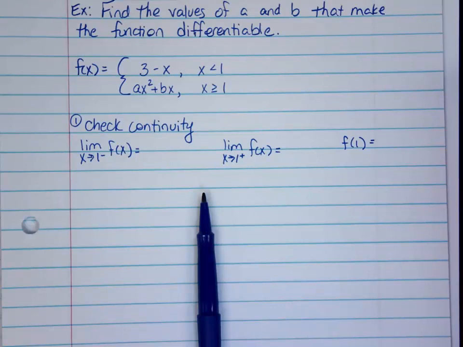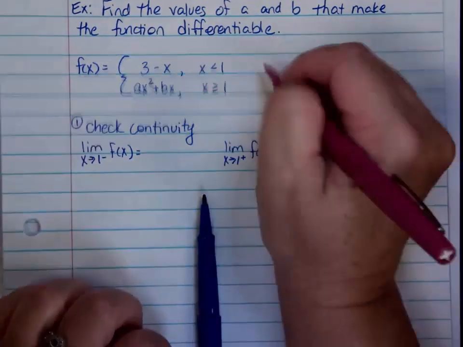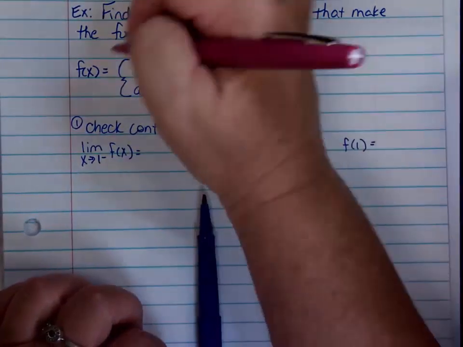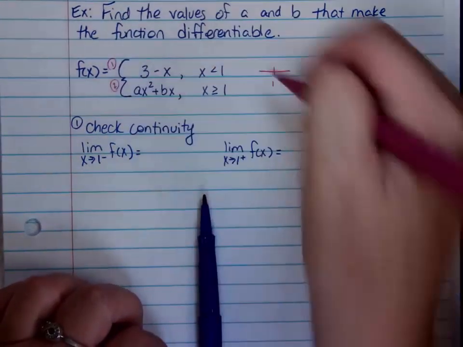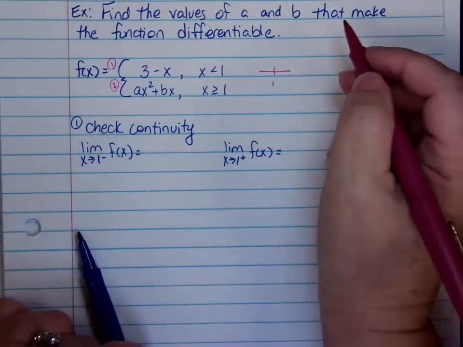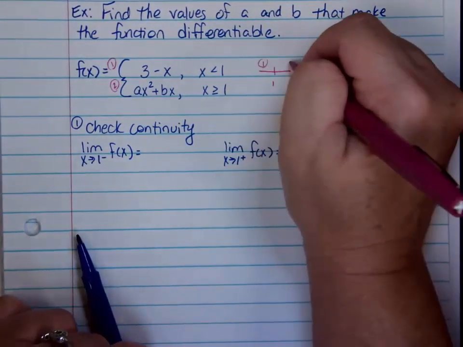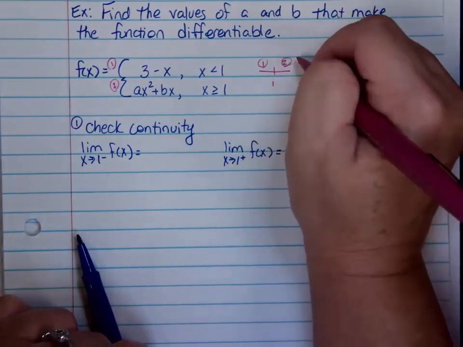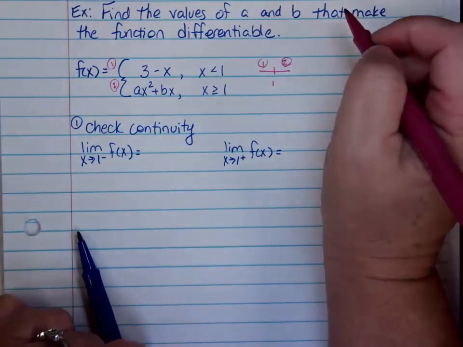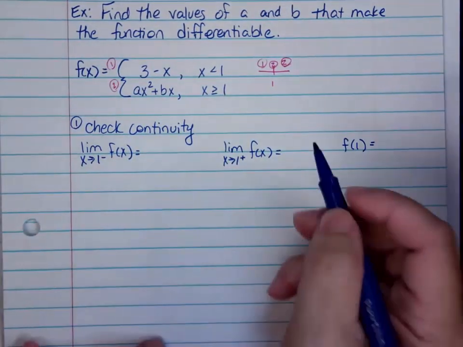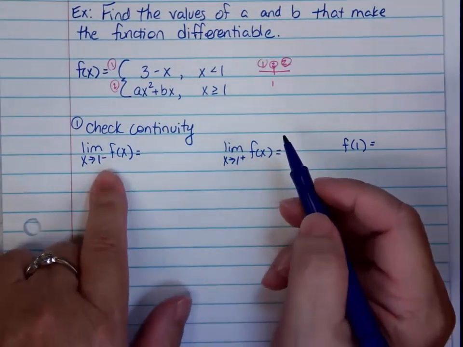So now, let's do our little number line for those who need it. Equation 1, equation 2. Which equation is to the left this time? 1 is, and then 2 is on the right. And which one is at 1? 2 is. Okay? So the left-hand limit would be the first equation.